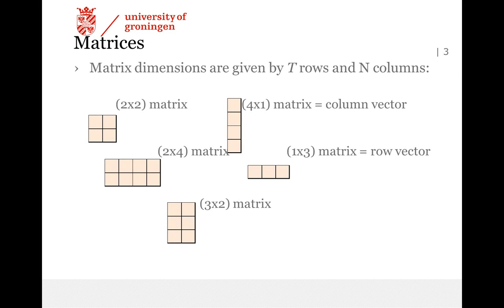We could have a row vector. We could have a 2 by 4 matrix, a 3 by 2 matrix. Anything goes with matrices. But it's important to notice, because when using matrix algebra, in particular in Excel, we need this information on the dimensions in order to figure out how large the outcome of the exercise is going to be and whether the exercise is possible at all.